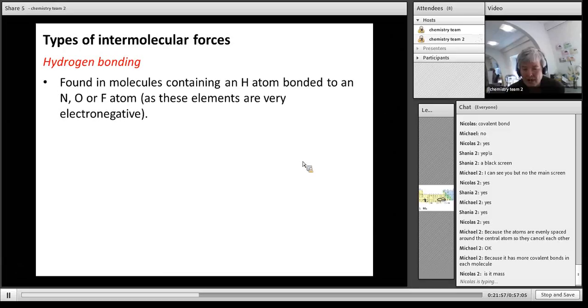N, O, and F. Those elements are very electronegative. So if they're very electronegative and they're bonded to hydrogen, where do you think the shared electrons are? Closer to the hydrogen or much closer to the N, O, or F?